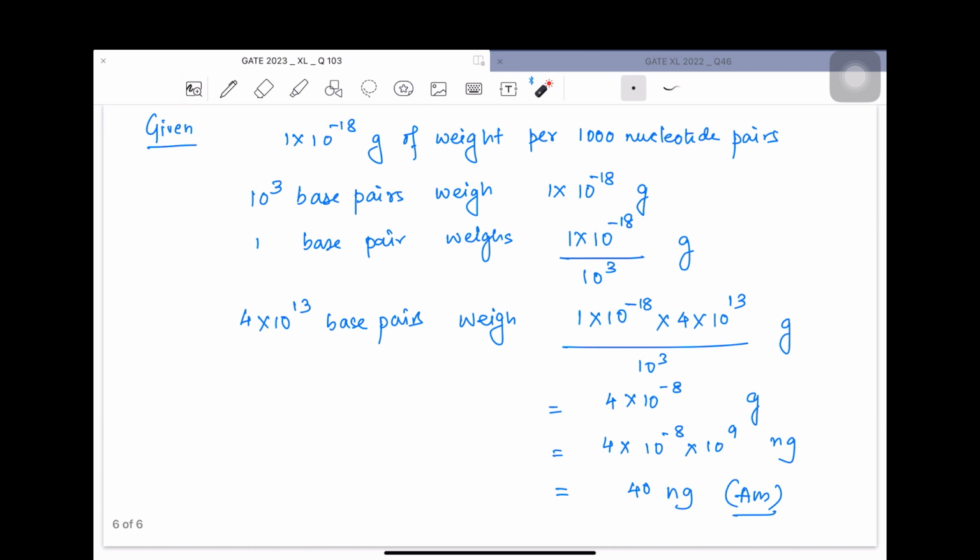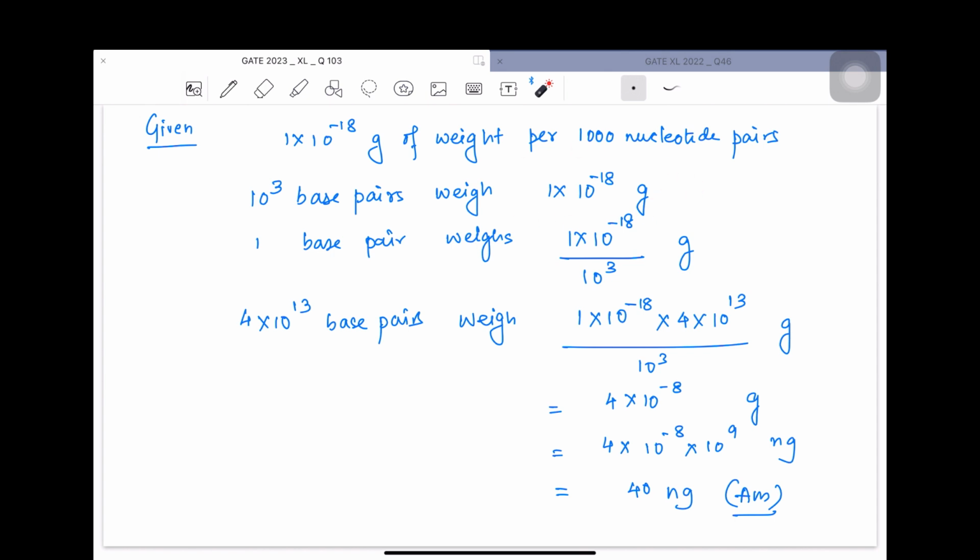Now let's come to the weight of the DNA molecule, which is given in the question as 1 into 10 to the power minus 18 grams of weight per 1000 nucleotide pairs or per 1000 base pairs. So 1000 means 10 to the power 3. So 10 to the power 3 base pairs weigh 1 into 10 to the power minus 18 gram.